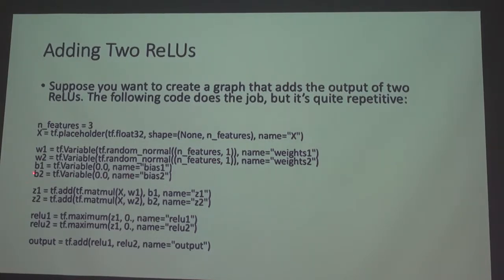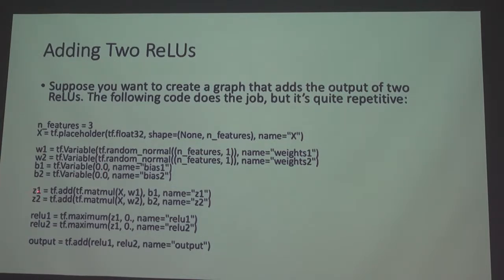B1 is the bias for the first ReLU. B2 is the bias for the second ReLU, and we set both of them to be 0.